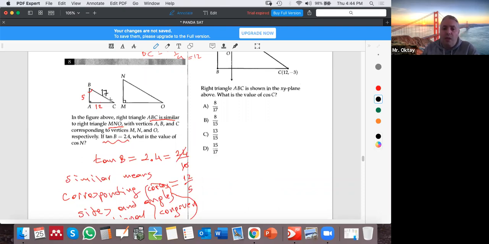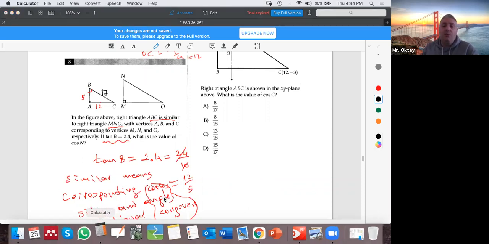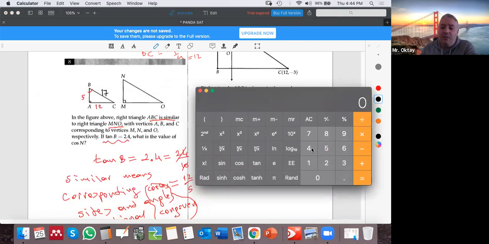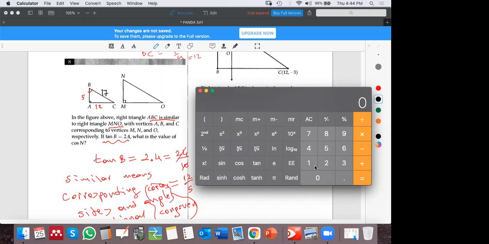To be sure, what can we do? We can use our calculator. It will be 5 squared plus 12 squared, which will be 169, and I take the square root, it is equal to, oops, calculation mistake, is it 17 or 13? It is 13.